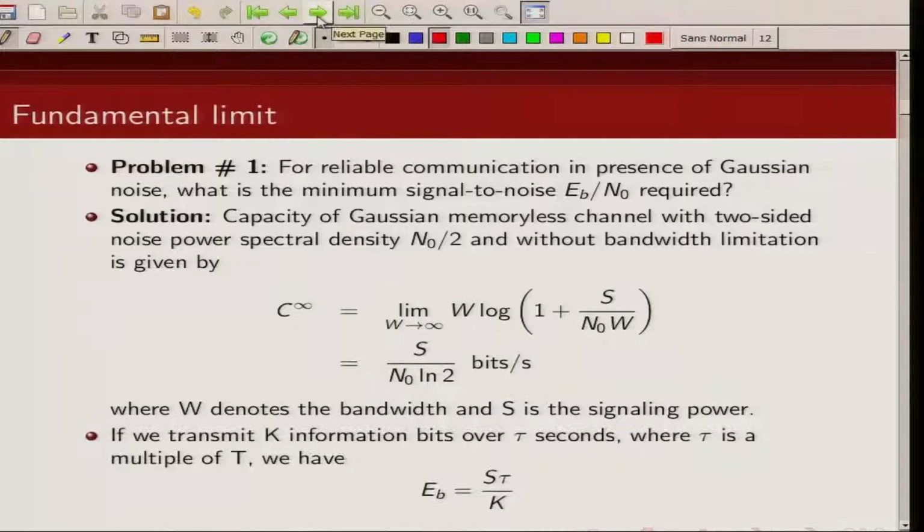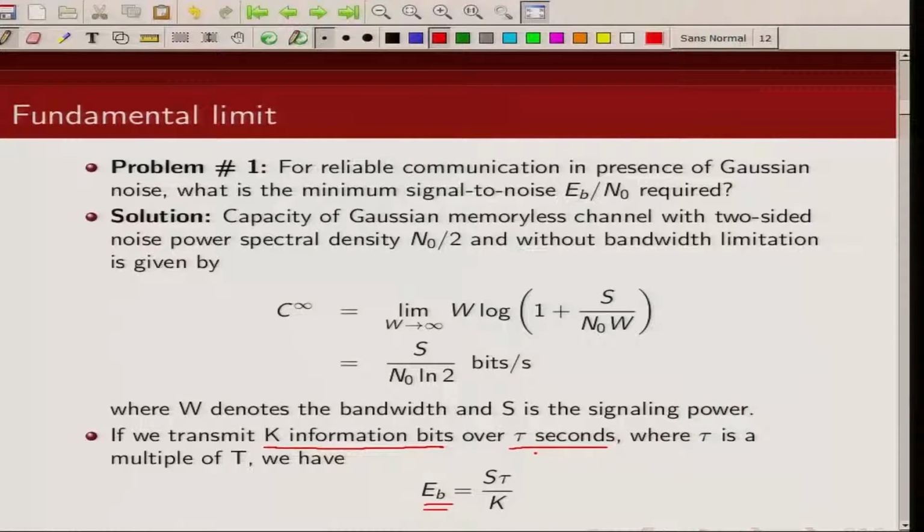So, we are interested in transmitting k bits over tau seconds, where tau is some multiple of time period T. Our energy per bit is given by S tau by k. S was my signaling power, we are sending over time tau, and total number of information bits was k.